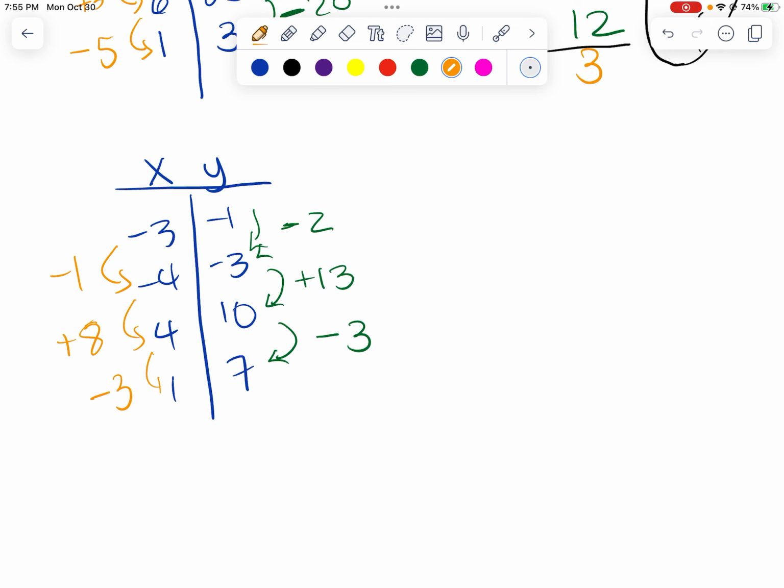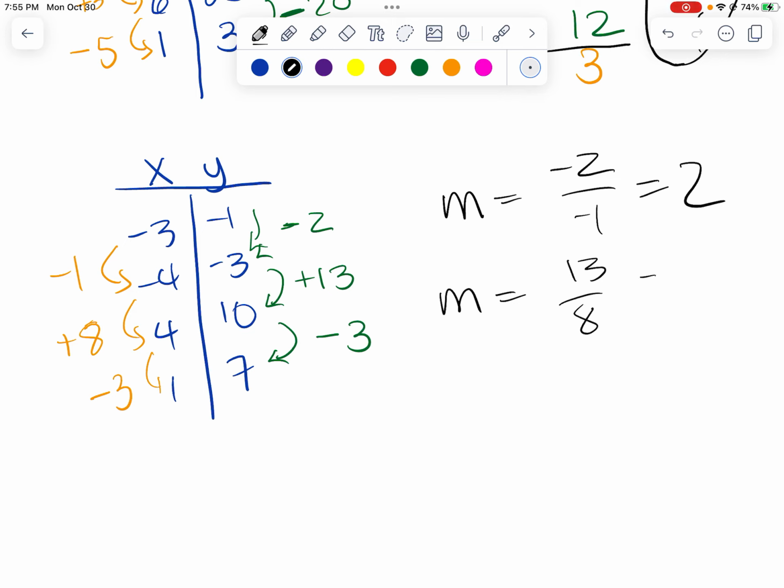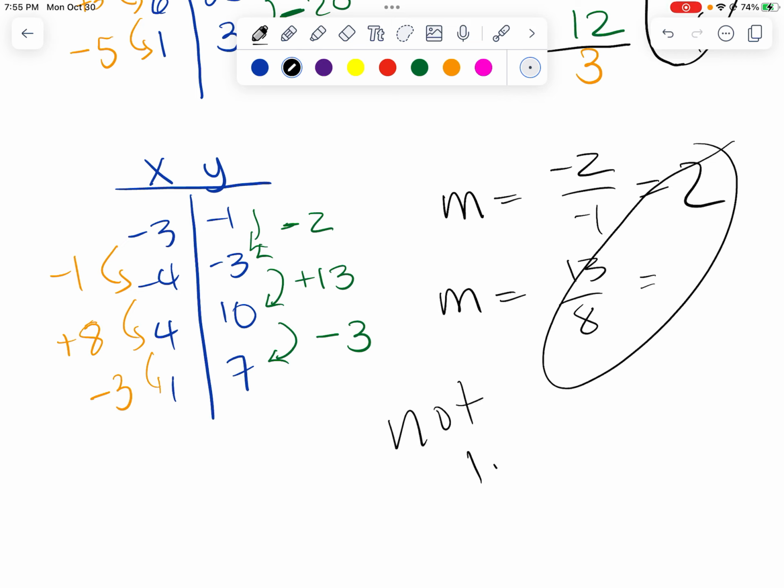So if I look at this, -2 over -1 will get me 2. 13 over 8, yeah, that. These two are not the same, so this is not linear.